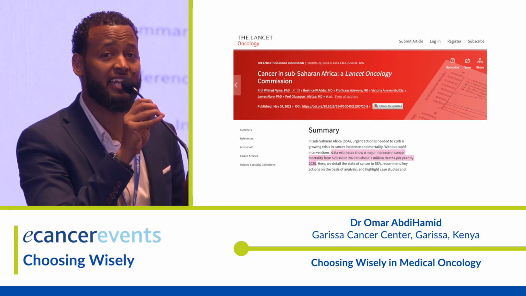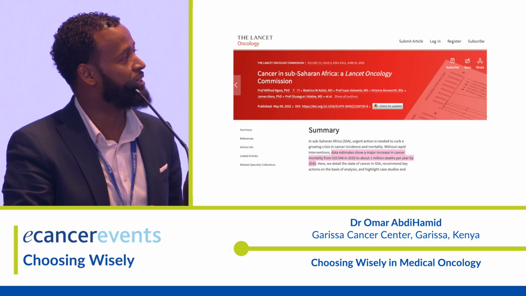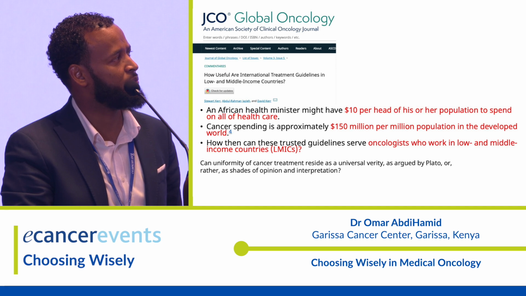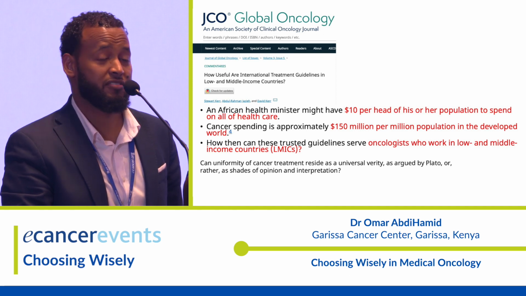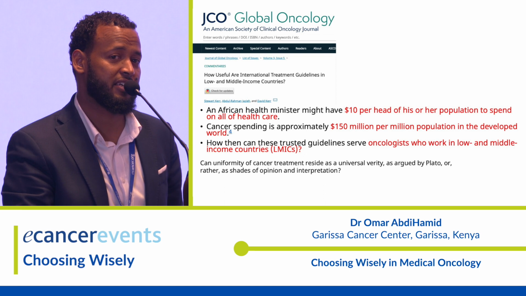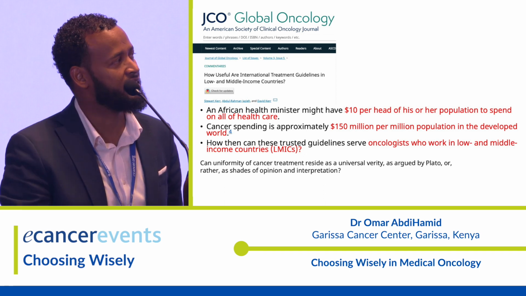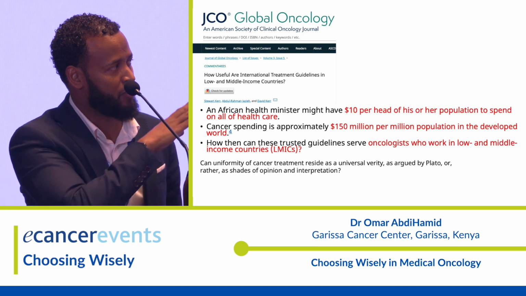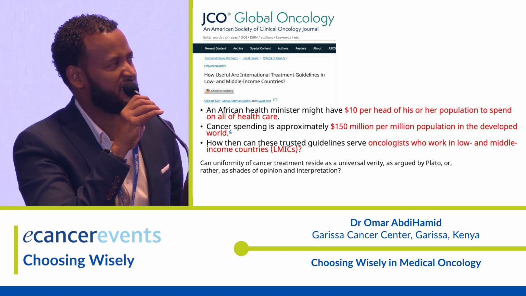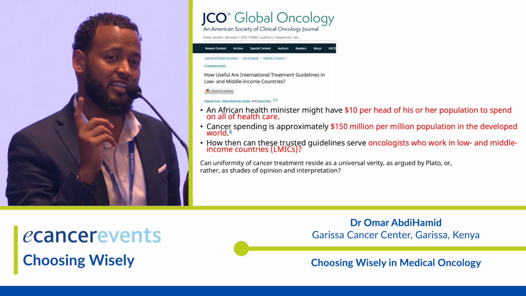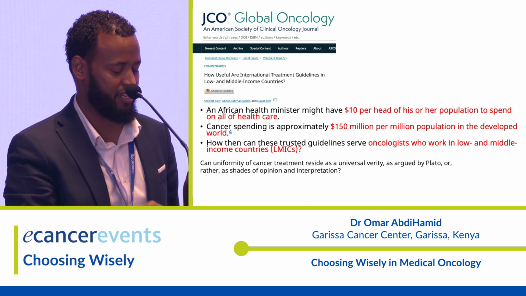And as you'll see, there are 10 low and middle income country recommendations. And Africa, for example, this is just an example. Let's say a health minister, maybe even in Cambodia, but this paper was from Africa, has, for example, $10 per head to spend on healthcare. That is on health economics, okay?